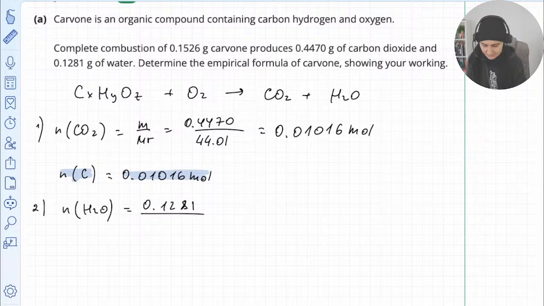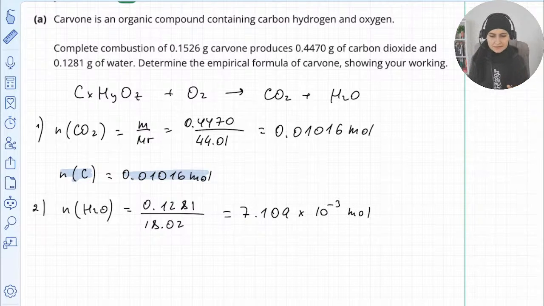0.1281 divided by molar mass. Molar mass was 18.02 from the periodic table. 0.1281 over 18.02 is 7.109 times 10 to the negative 3 moles.